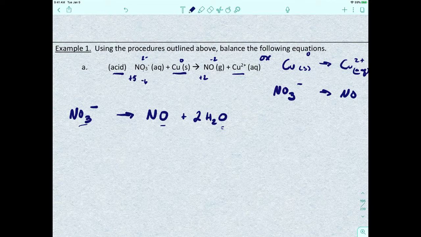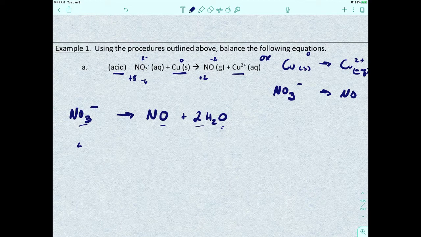Now that means you've got 4 hydrogens on the right and none on the left. 2 times 2 gives us 4. So to balance that out, I need to add 4 hydrogens, or 4H plus, to the left.